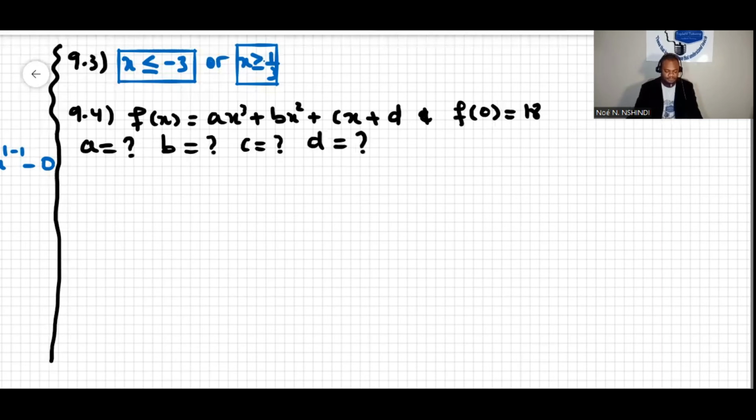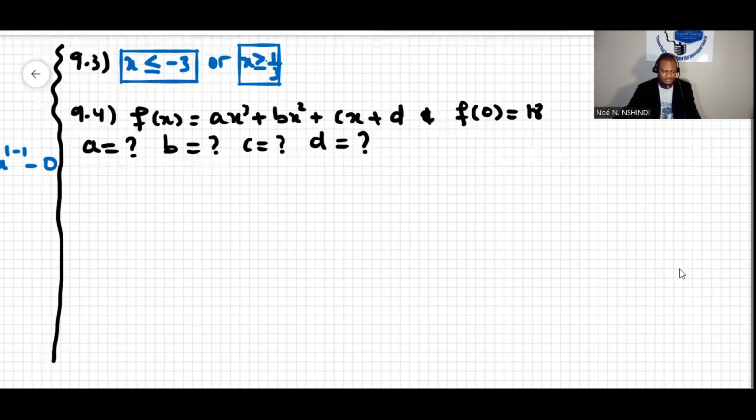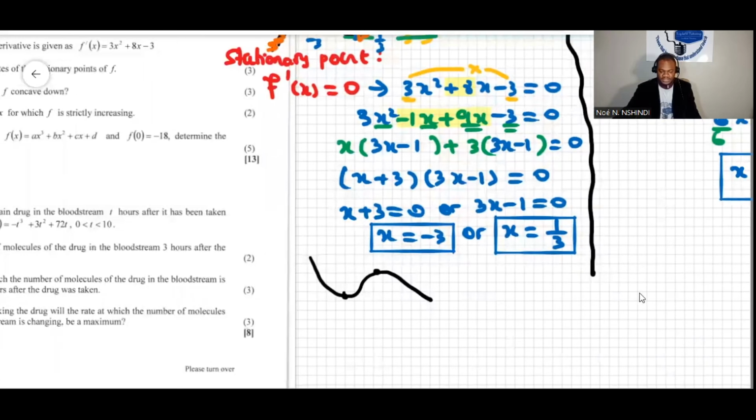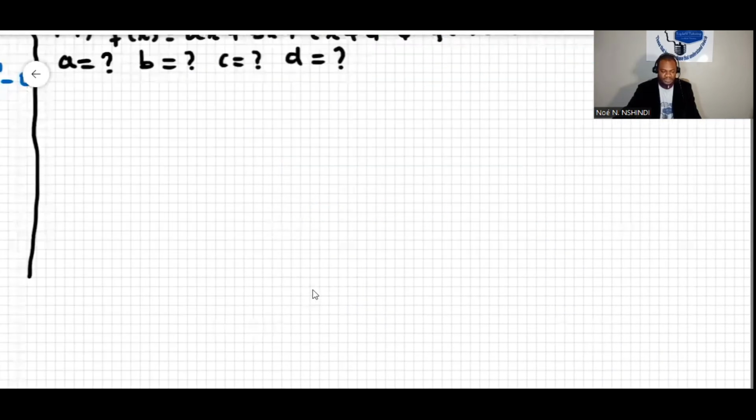So how can we do that? Because it said f of 0 equals -18. This means it is the same function where when x is equal to 0, it's going to be -18. I'm missing signs now. It was -18.